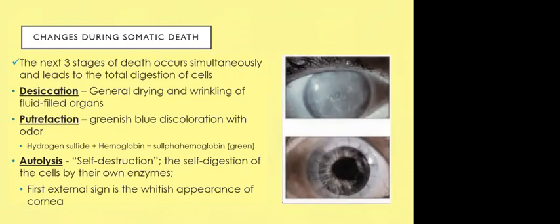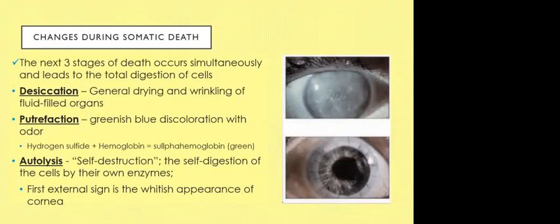So that is responsible for the odor of this dead body. There is a combination of hydrogen sulfide plus the hemoglobin, and it will release sulfhemoglobin that results in the greenish blue discoloration of the body.